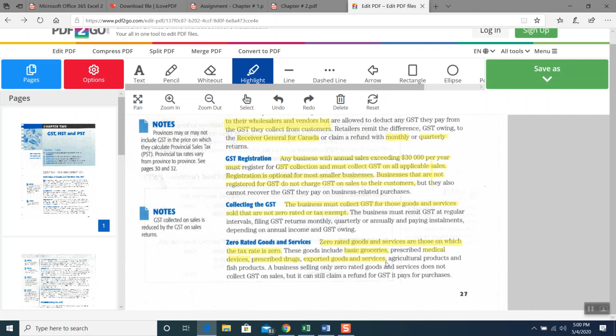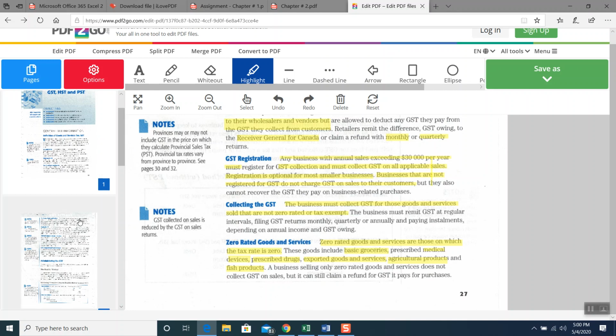We do not charge tax, or the tax rate is zero rated for these goods and services. Next one is agriculture products. Everybody knows what agriculture products are. Next one is fish products. So these are the items which we have under zero rated goods and services.